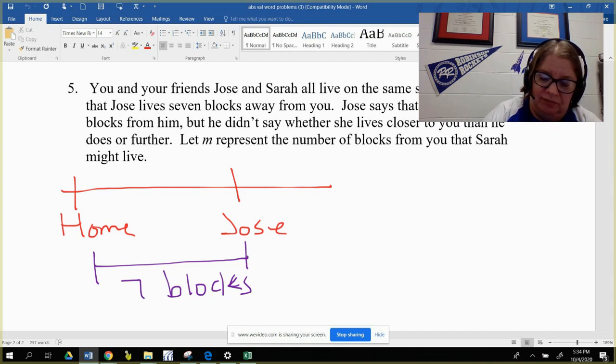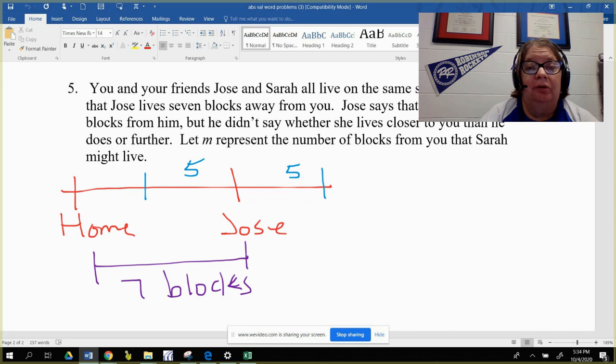We know that Sarah lives 5 blocks from Jose. So either here, and that would be 5, or here, and that would be 5. Okay, it's one or the other. So how are we going to figure out the number of blocks that Sarah would be from your house?